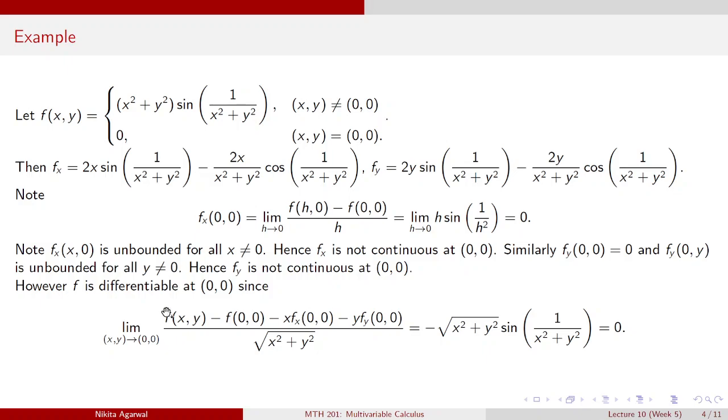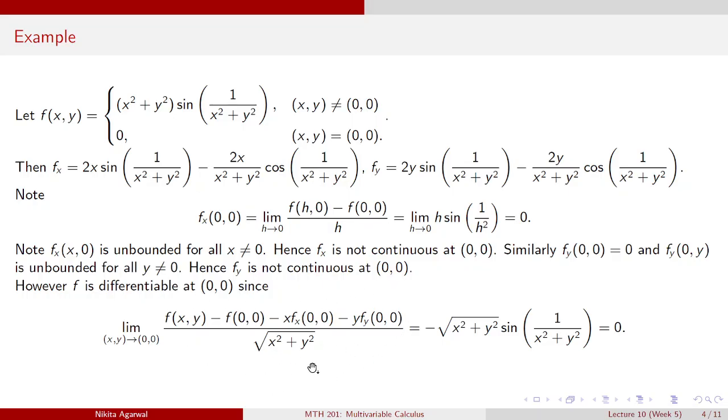However, f is differentiable at (0,0). So in this particular case, fx and fy exist, but they are not continuous at (0,0). However, the full function f is differentiable at (0,0). By definition, you want to look at this limit. You can go to the last lecture and compare the formula for the limit for the derivative to exist with this.